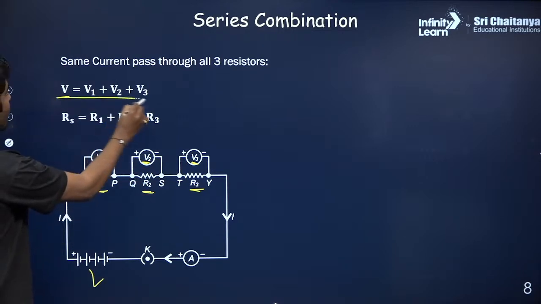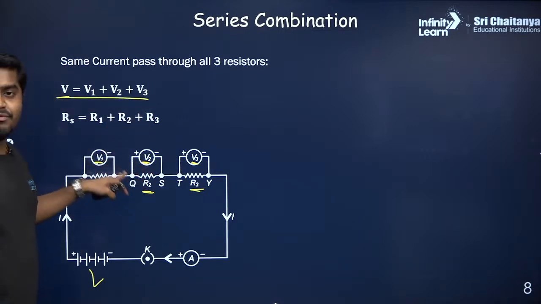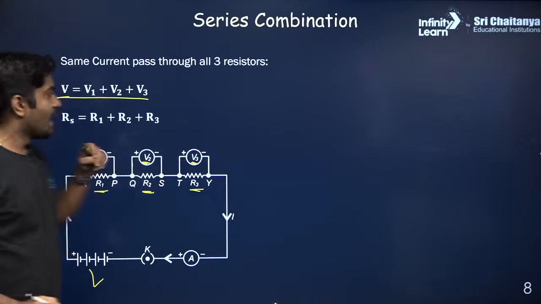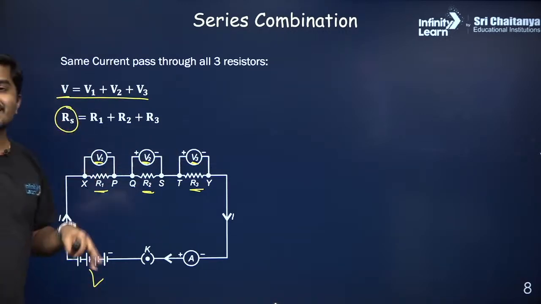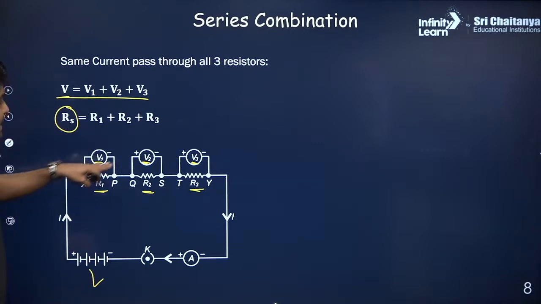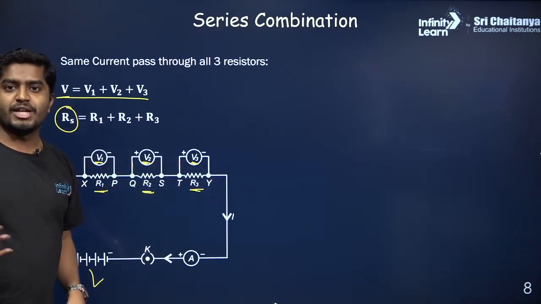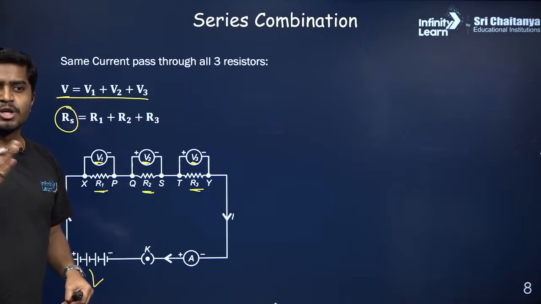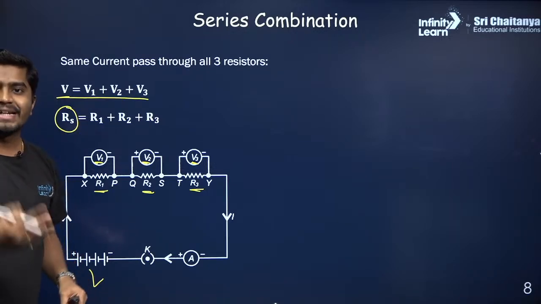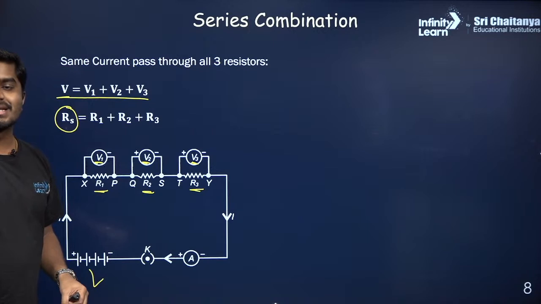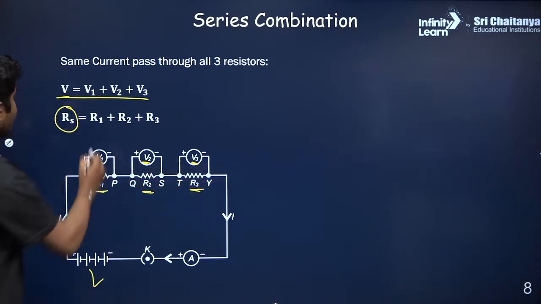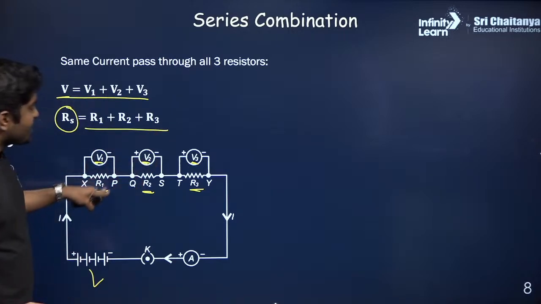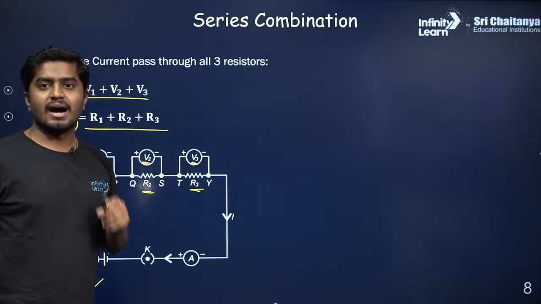So the total voltage will get divided in V1, V2 and V3. And what is this? This is the series resistance or the equivalent resistance for this combination or the net resistance. You can use different words, effective resistance, equivalent resistance or the net resistance for the series combination. It will be given by just addition R1, R2 and R3.